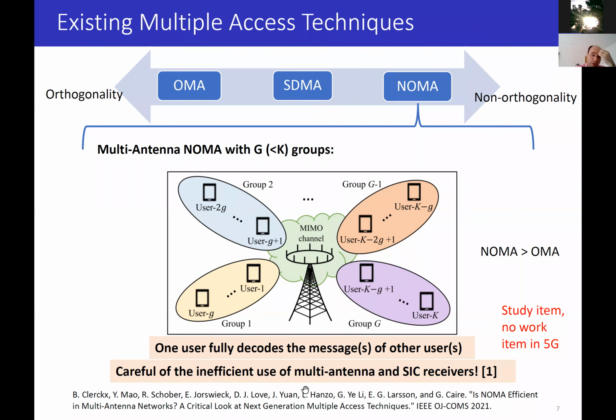So what we show in this paper is that doing that is something we have to be very careful about. It's something that has been done quite extensively in the past 5, 6, 7 years in the literature. But what I will show here is that if you force a user to decode the message of other users, this could lead to an inefficient use of the multiple antennas of the transmitter, and an inefficient use of the SIC receiver.